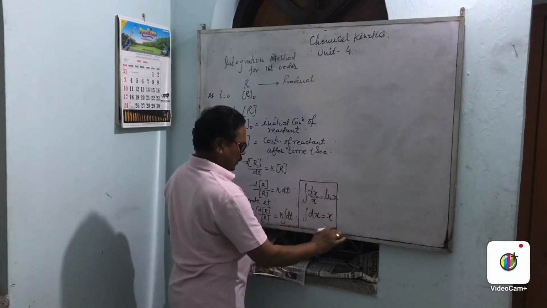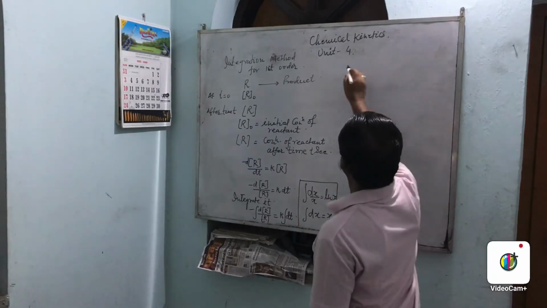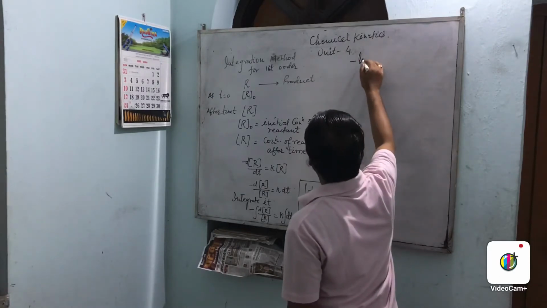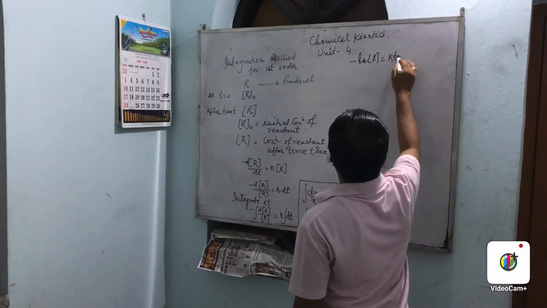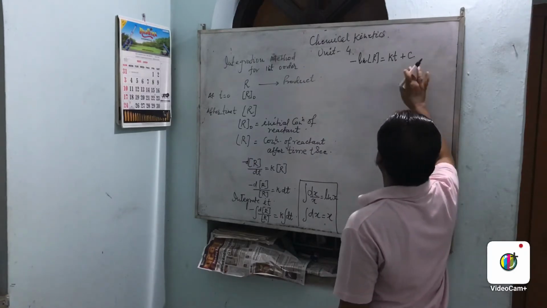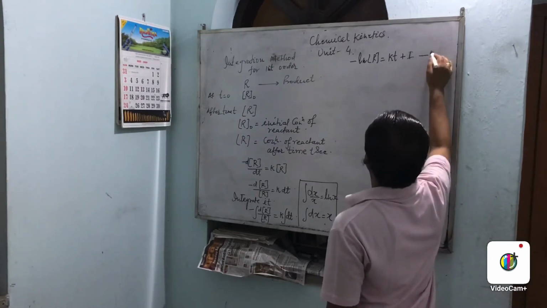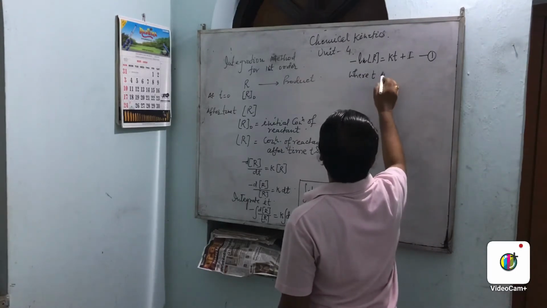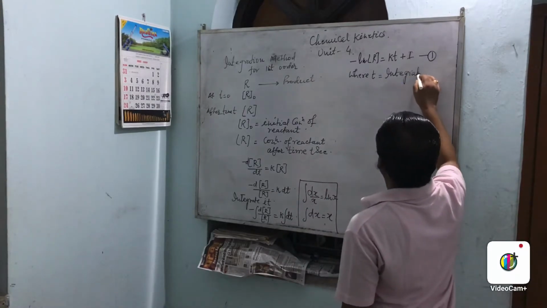So we write here minus ln R is equal to kt plus C or I. This is equation 1, where I is the integration constant.